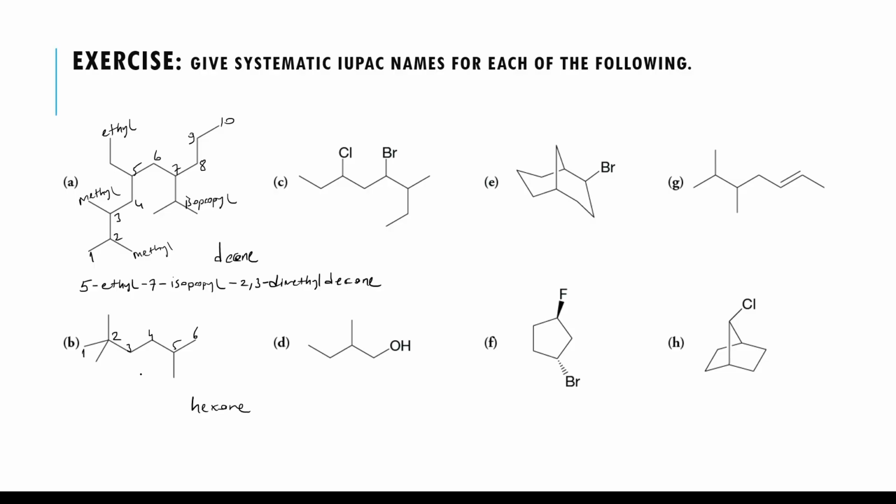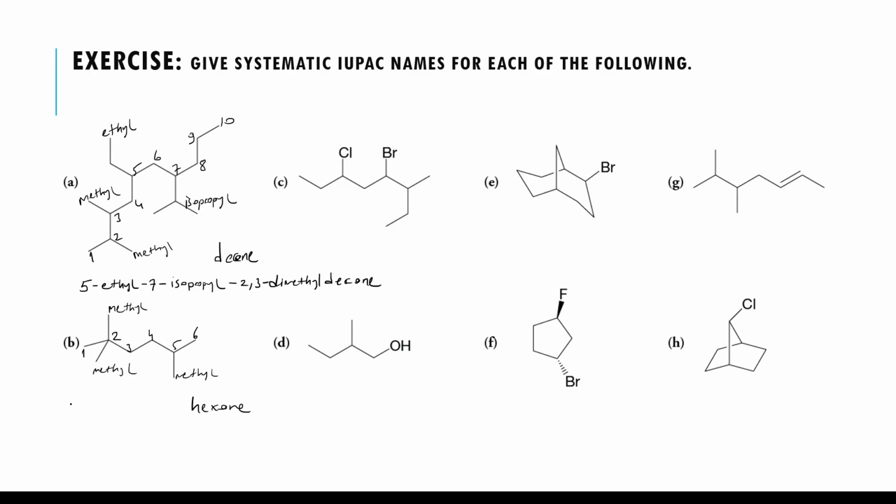And we have methyl substituents. This is a methyl substituent. At the second position, we have also two methyl substituents. So basically, we have three methyl substituents on the hexane chain. So what are the positions? We have at the second and at the fifth carbons, three methyl substituents.